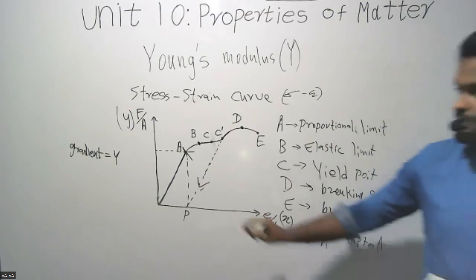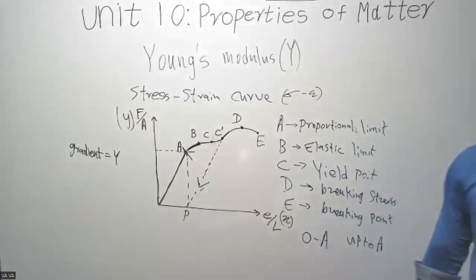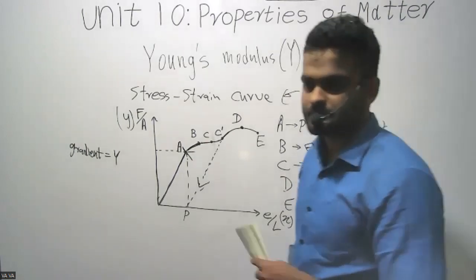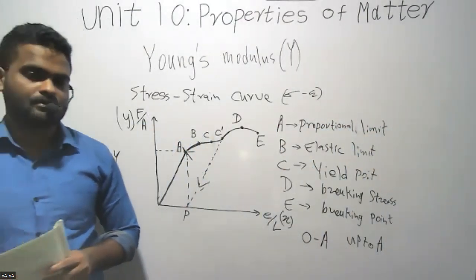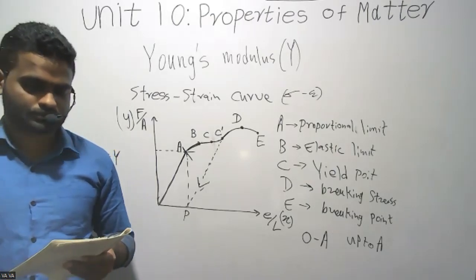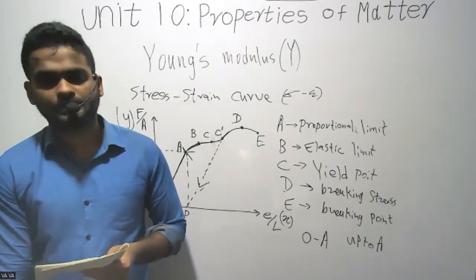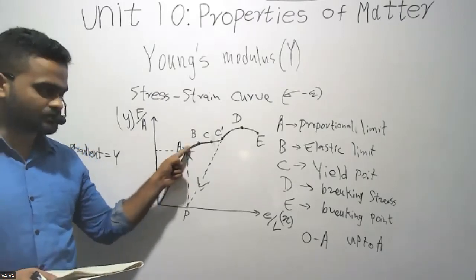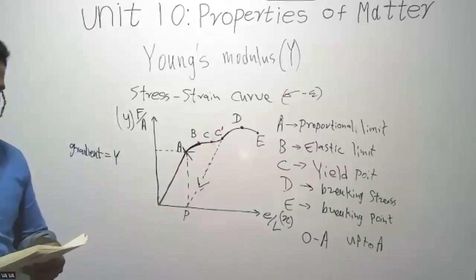From A to B, strain is not proportional to stress. So you can see it is not proportional, right? This is curved. So it is not proportional.